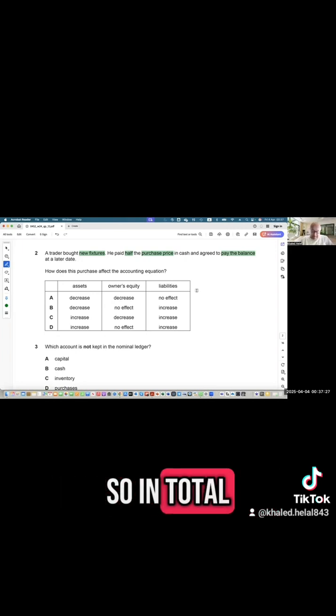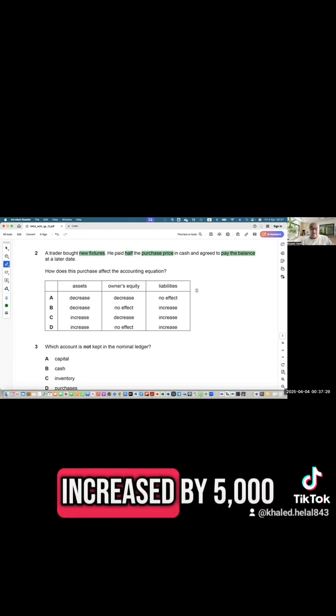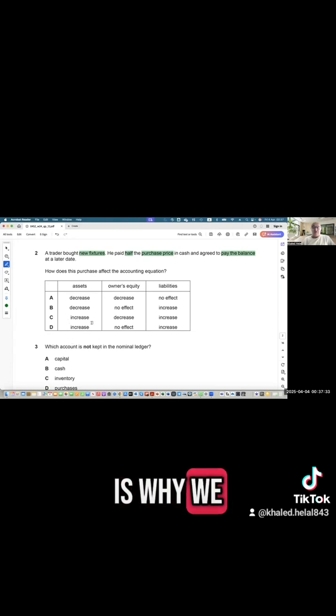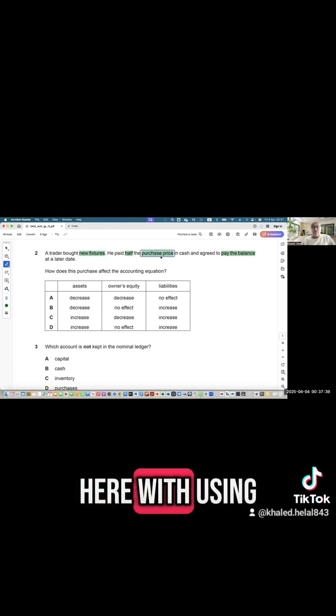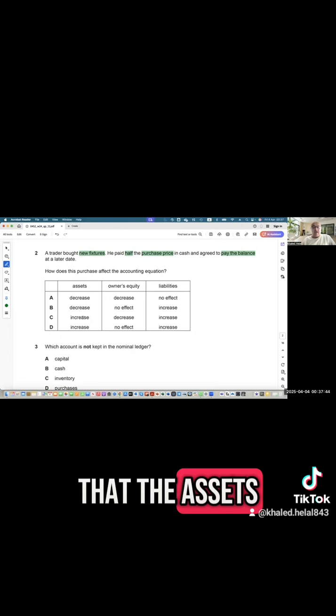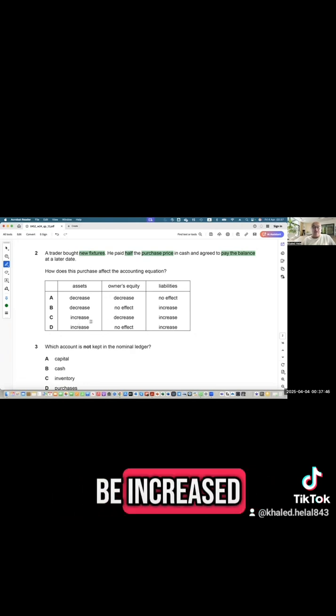So in total, the assets still increased by 5,000. This is why we pick increase. So when I pick the word increase, I confirm that the assets will be increased. So it's either C or D.